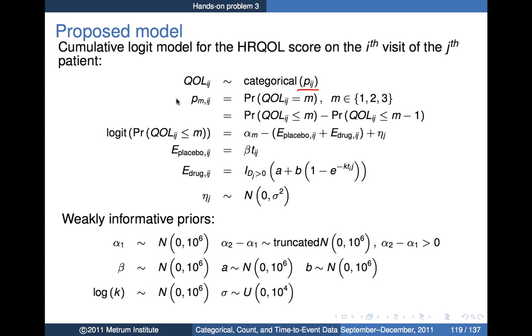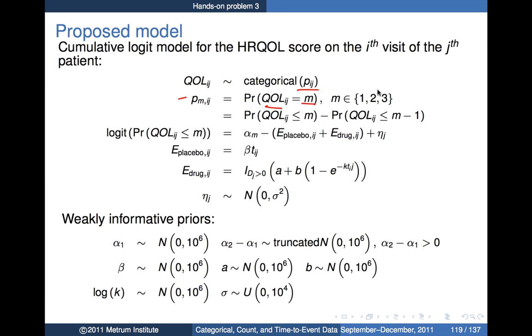For any one of these, what I call P_m,ij, that's going to represent the probability that our QOL on the ith visit for the jth patient equals m, where m can be a value of 1, 2, or 3.